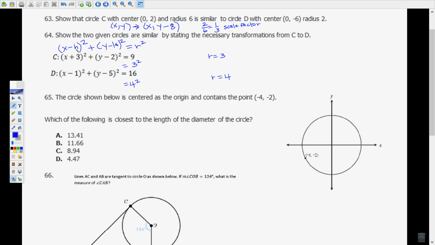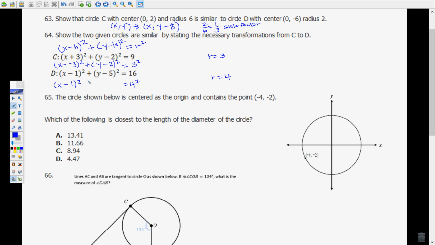Now, to figure out the centers. So the center is always going to be your (h, k), but notice there's a plus here. So that means this will be x minus a -3 all squared, if you remember that, plus, and then this stays y minus 2. And then we'll just do them both at the same time.